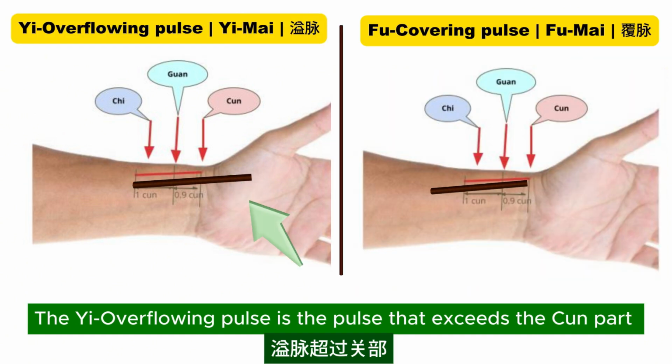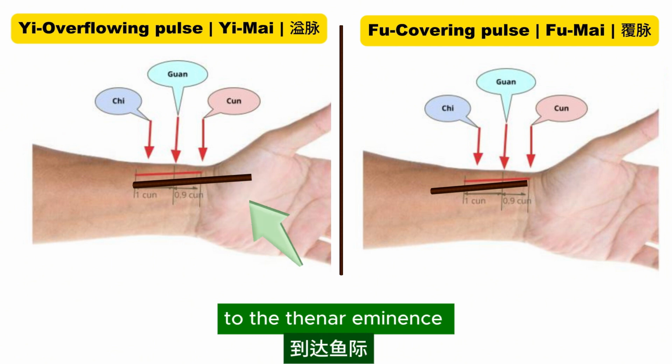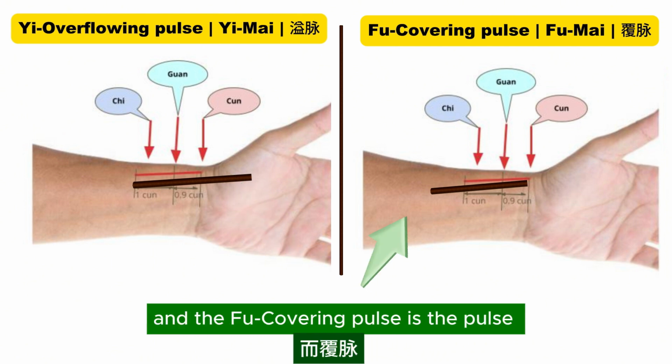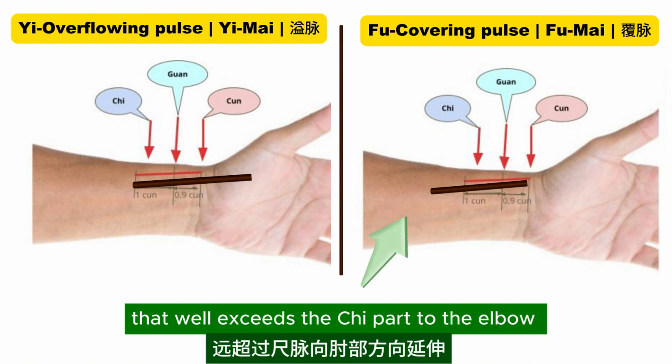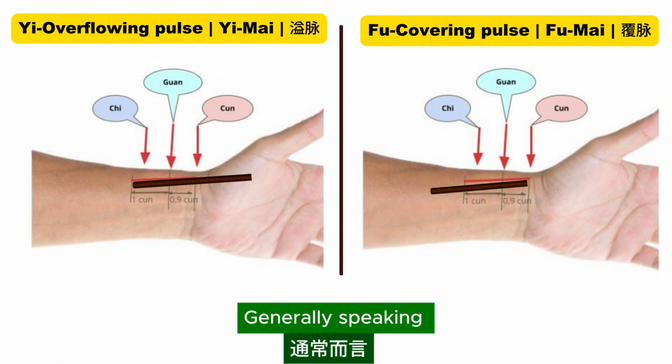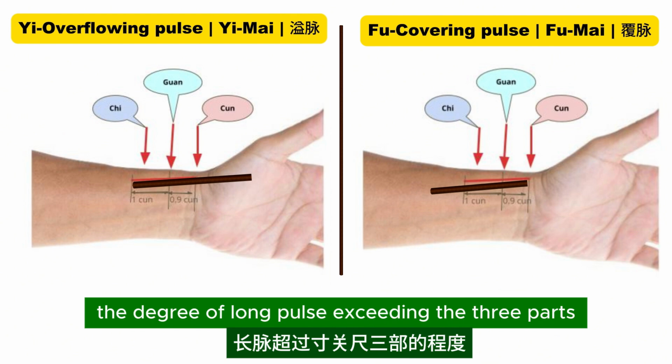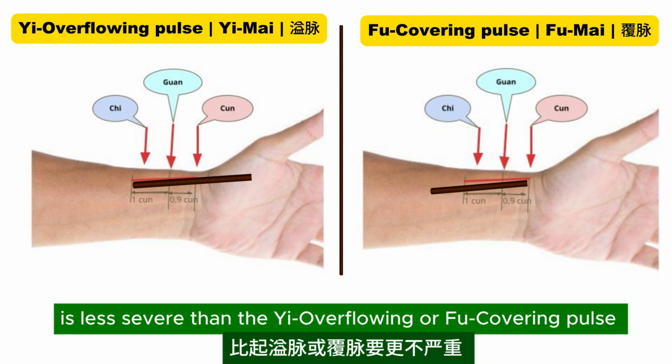Yi overfloating pulse is the pulse that exceeds the chun part to the thenar eminence, and the Fu covering pulse is the pulse that well exceeds the chi part to the elbow. Generally speaking, the degree of long pulse exceeding the 3 parts is less severe than the Yi overfloating and the Fu covering pulse.